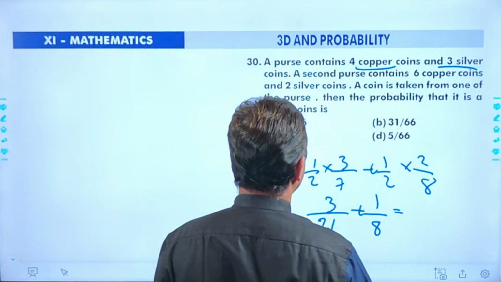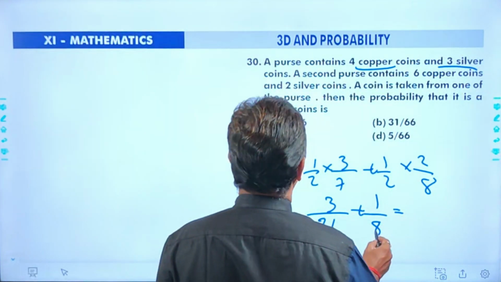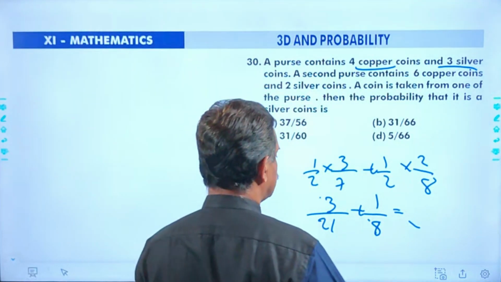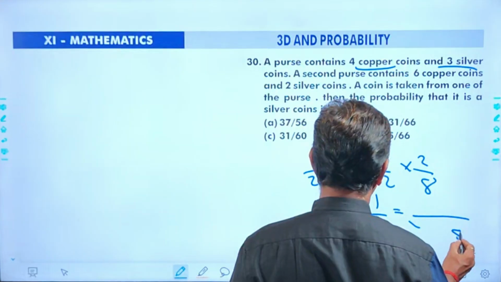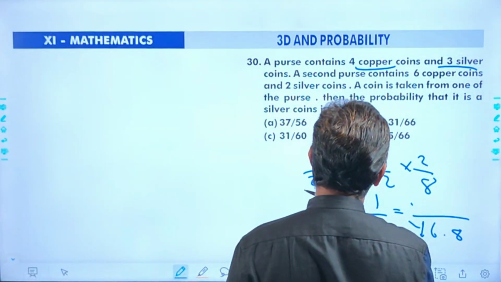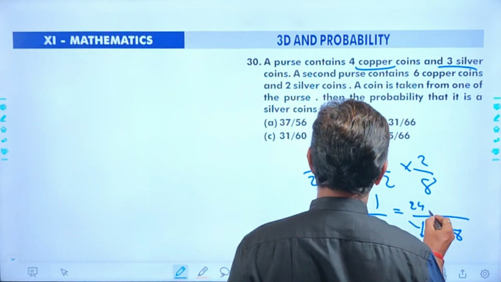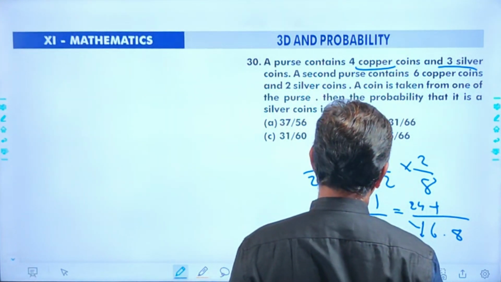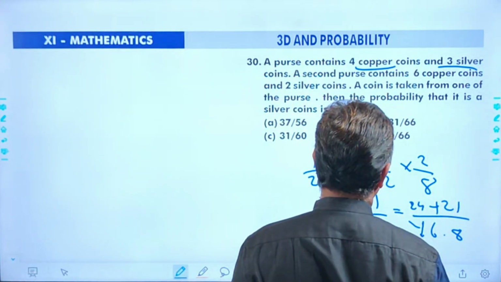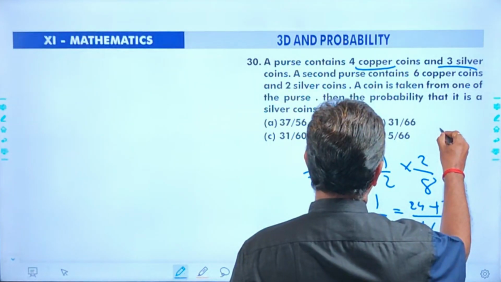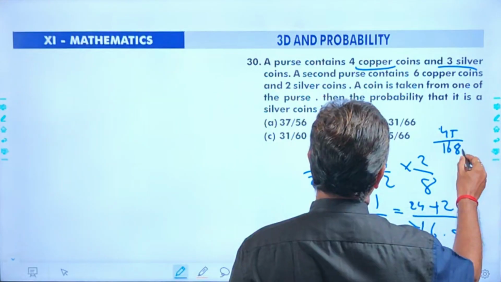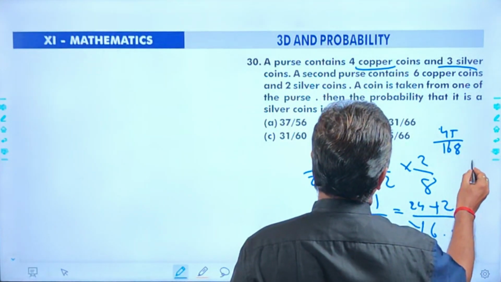Now you have to take the LCM, which is 168. 8 times 3 is 24 plus 21 is 45 by 168.